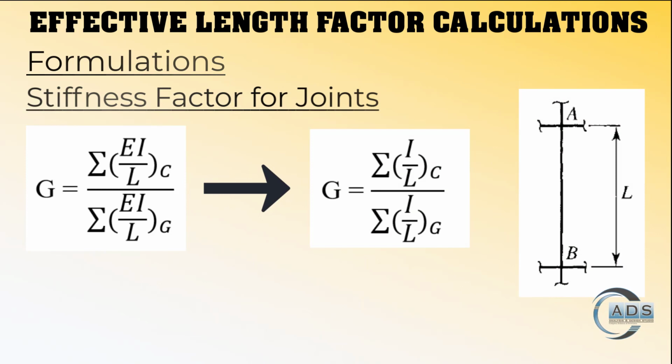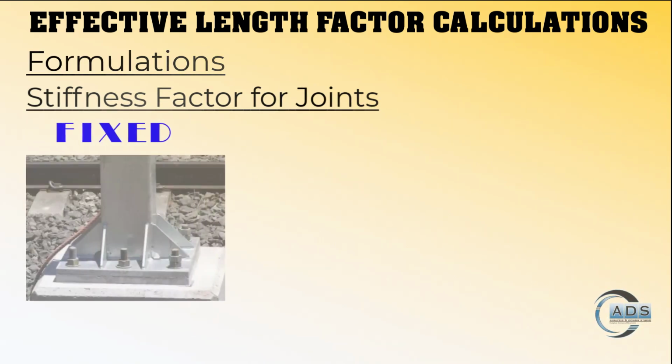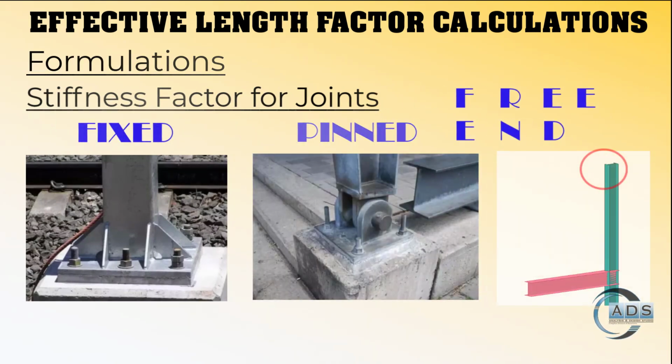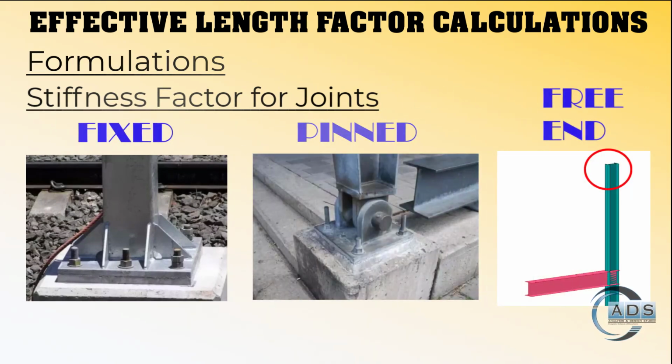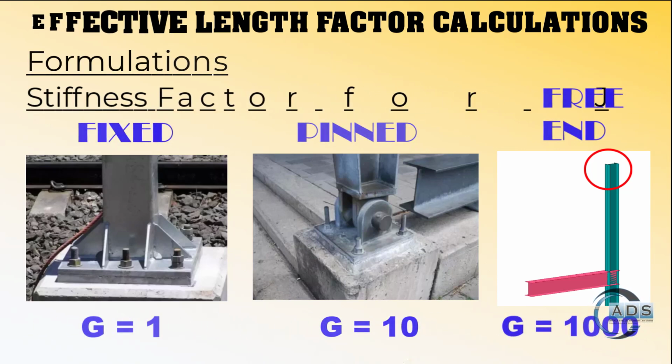This factor is calculated for both ends of the column as GA and GB. If the column support is ideal, meaning it's fixed or pin or a free end, then these values are used as G. For fixed, G is taken as 1, for pin, G is taken as 10, and for free end, G is taken as 1000.